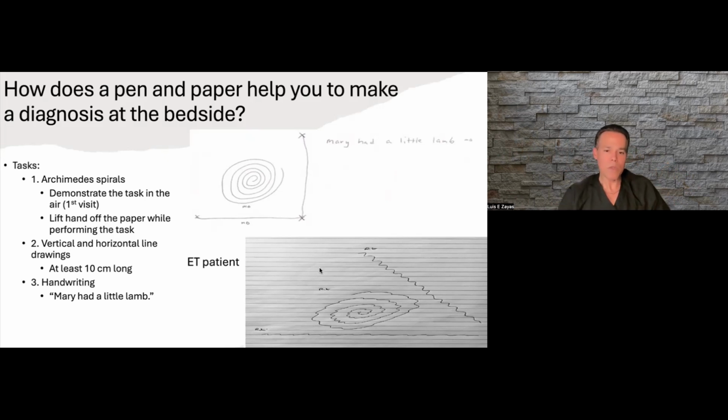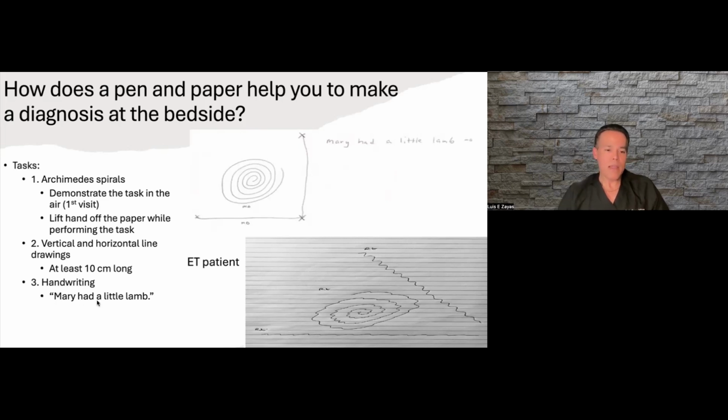Now tell the patient also to draw a line, vertical and horizontal, at least 10 centimeters long, so you can have an idea about the frequency per second.